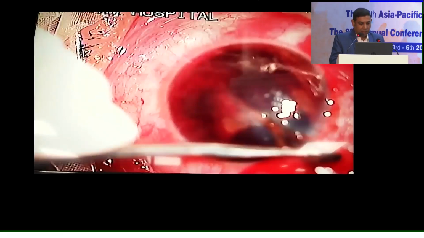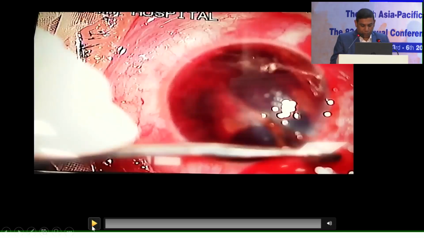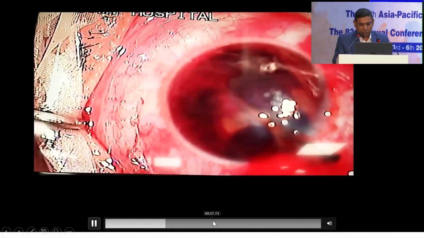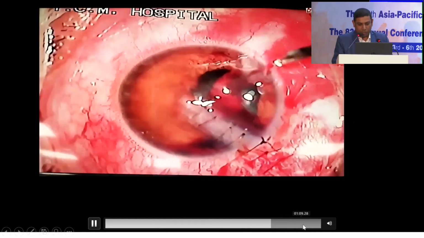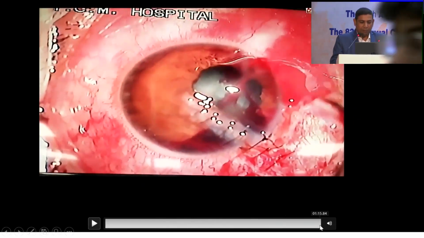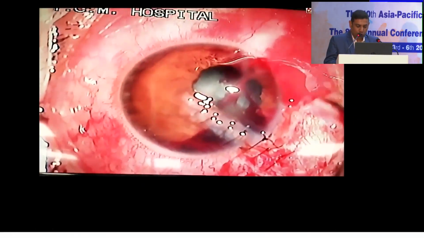This is a case of open globe injury trauma, and in this surgery, first I excised the iris uveal tissue, then corneal tear repair was done. After that, I saw that it was a distorted pupil with traumatic cataract.